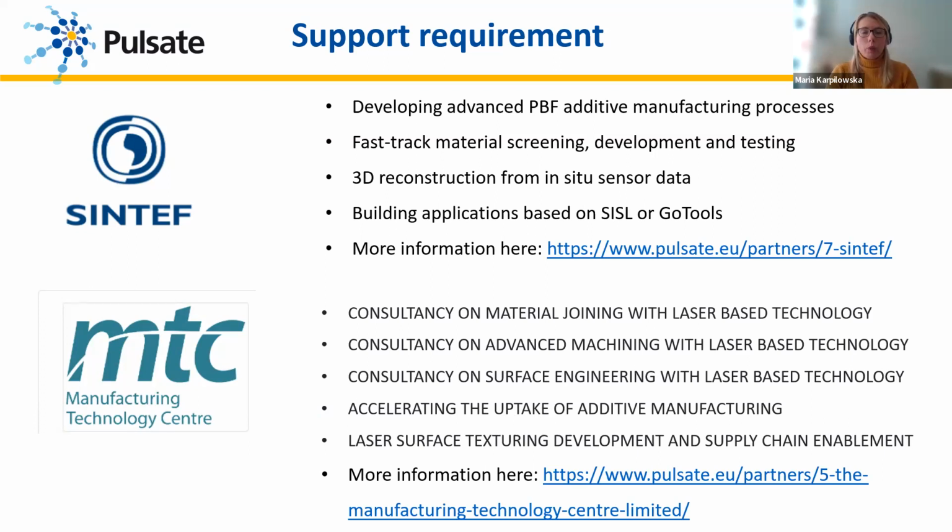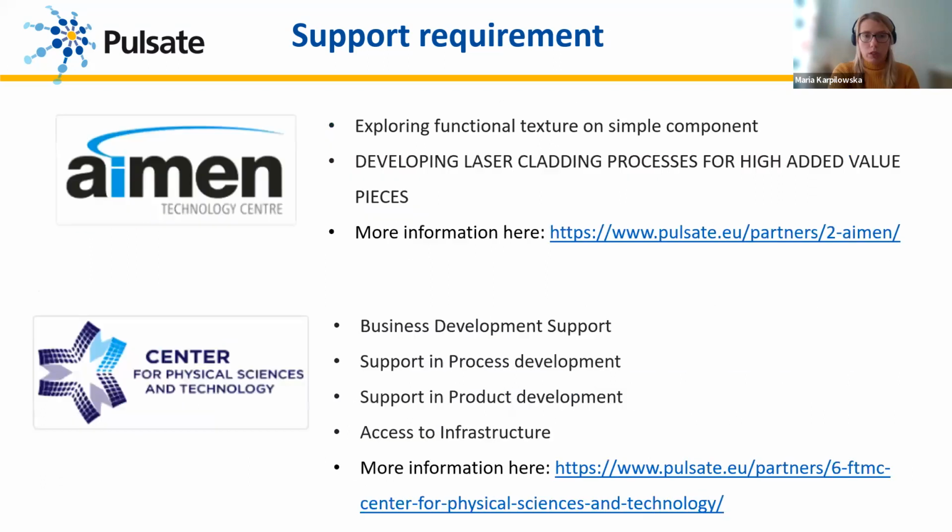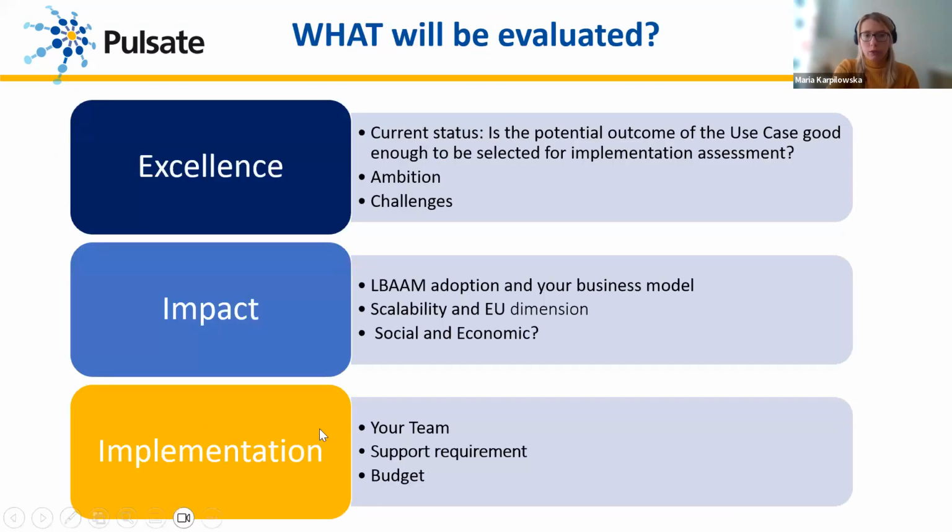So for completing the implementation criterion, you will need, let's say, 3 bullet points. You will need to describe the team that will be assigned to the assessment support under Pulsate.